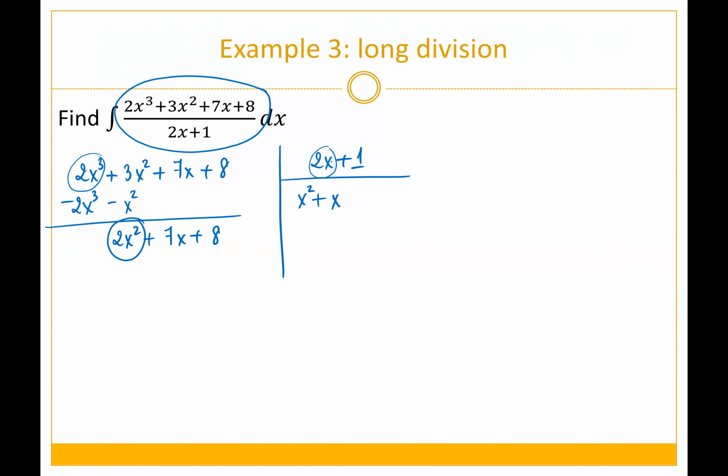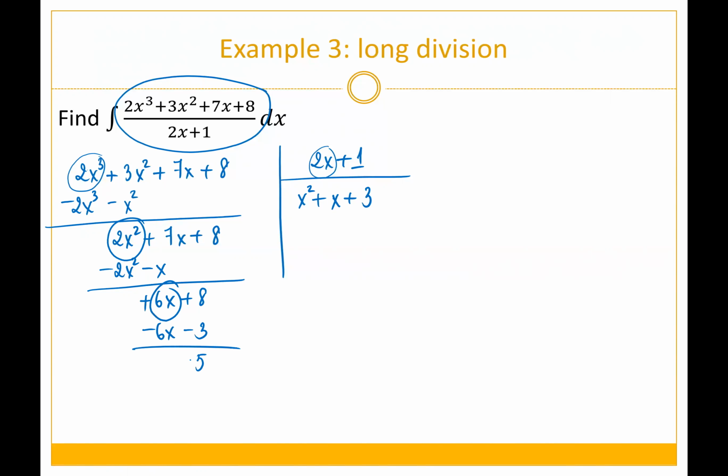So again, you multiply back and move it over here to change the size. So you have negative 2x squared. X multiply 1 is x, and then you divide it. So what you have is 6x plus 8. Now it's 6x here and 2x. You can still divide. You have 3. And you have negative 6x, negative 3.